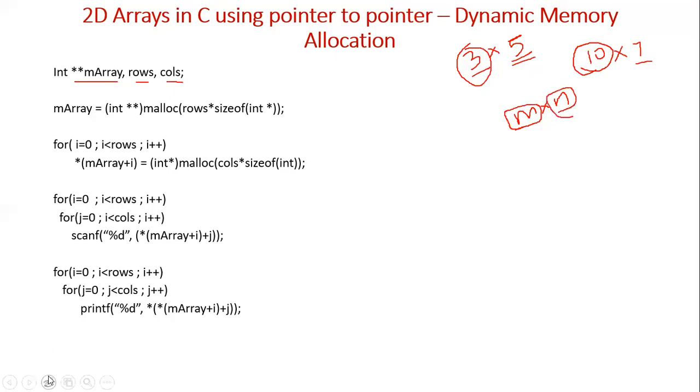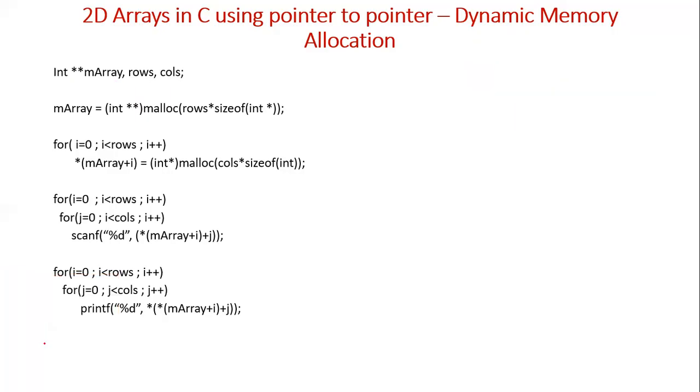Why I am telling this is, for every one-dimensional array we need a pointer. In C, a two-dimensional array is nothing but a collection of one-dimensional arrays, a set of one-dimensional arrays.